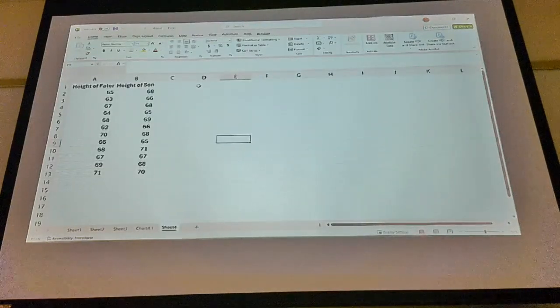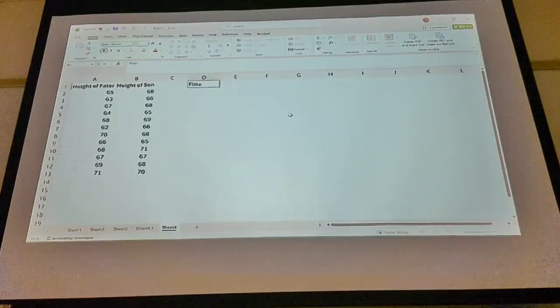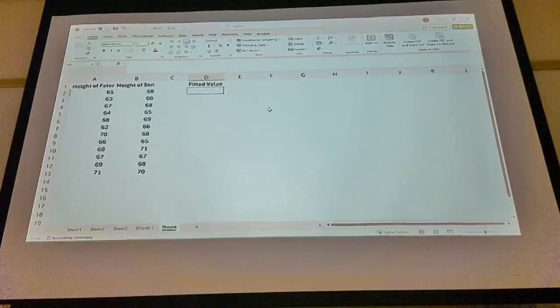So this is where the formula is going to come in handy. Fitted value. Remember, we have to make a chart of the fitted values and the residuals. The fitted value is the predicted value based on the trend line. Y hat equals this.